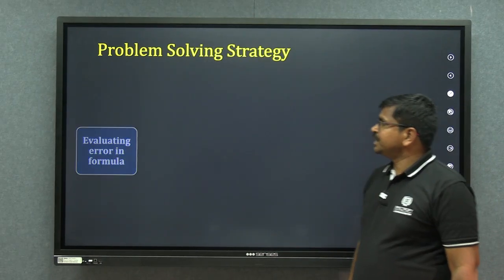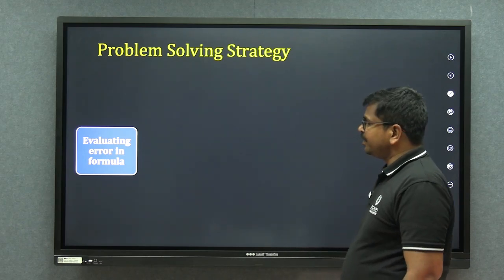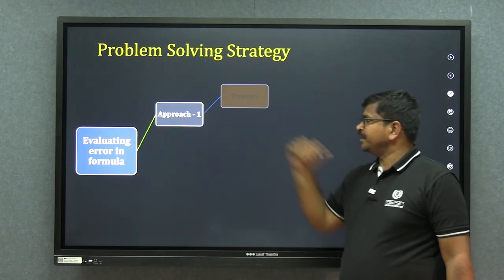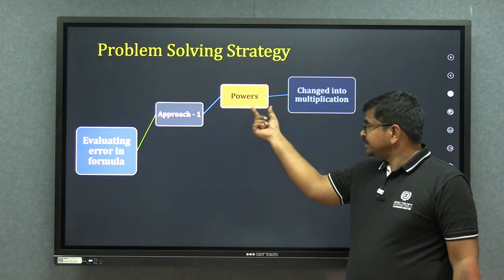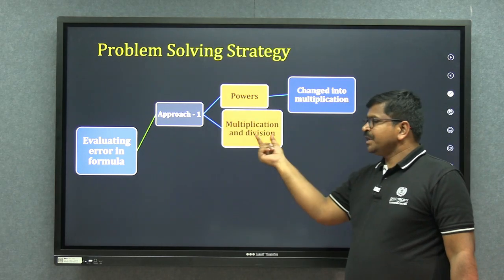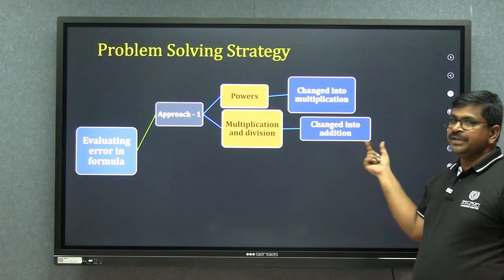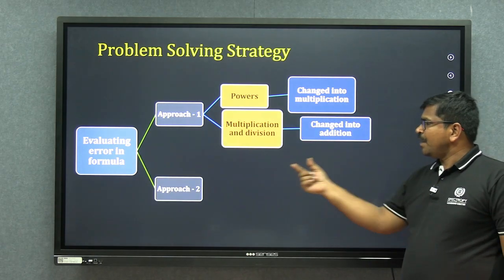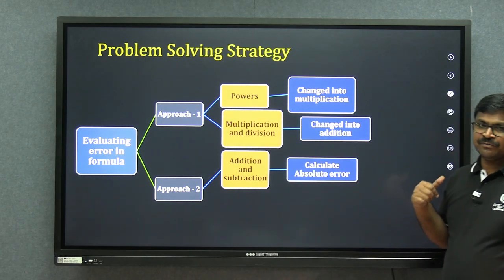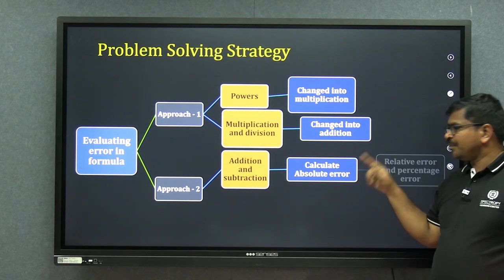And the problem solving strategy: first, be careful evaluating error in the formula. How to approach? Approach 1: if you have powers, change them into multiplication; multiplication and division, change into addition. And approach 2: for addition and subtraction, calculate absolute error first and then apply the rule.